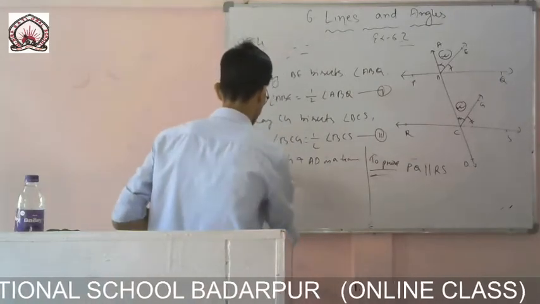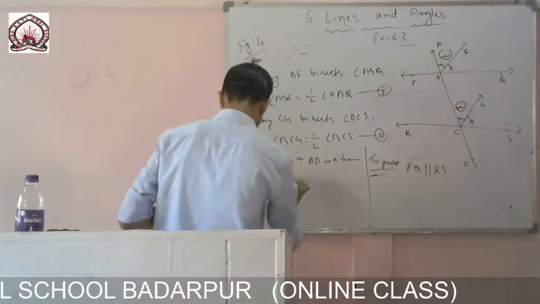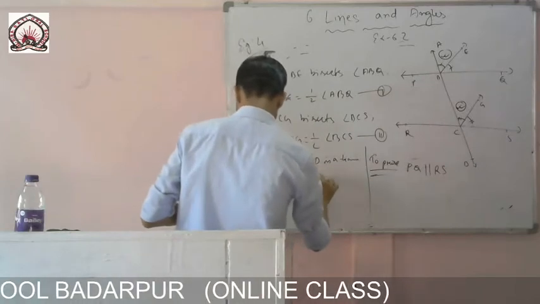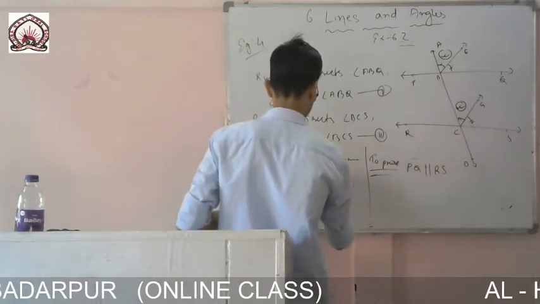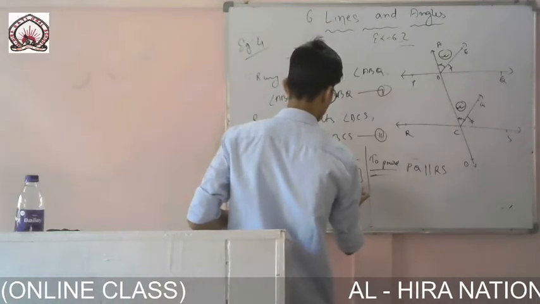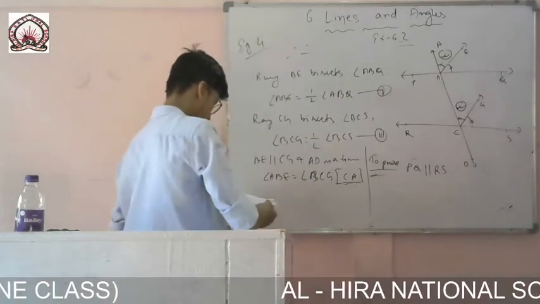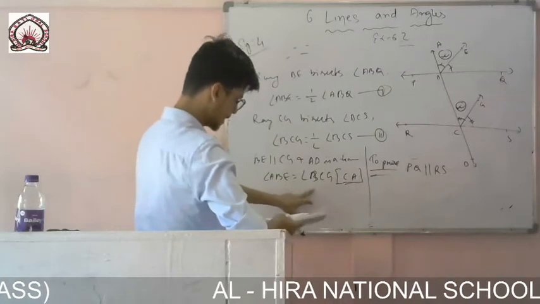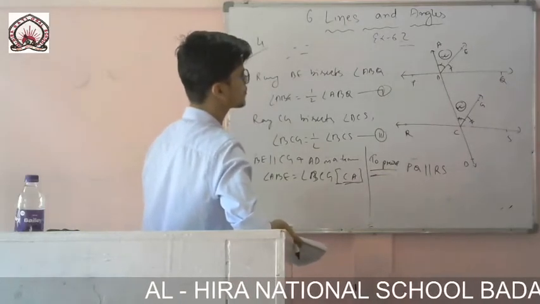So I can write angle ABE will be equal to angle BCG, and the reason will be corresponding angles.